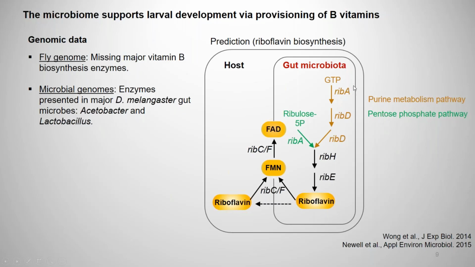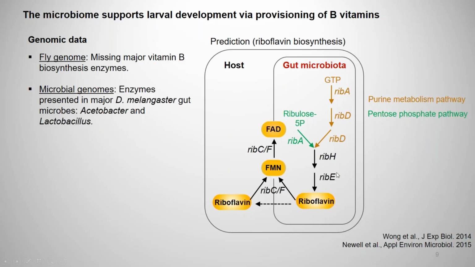So you can predict that the pathway that synthesizes riboflavin, coming from a precursor such as GTP or ribulose 5-phosphate, is all mediated by the bacteria. Some of the enzymes, on the other hand, are shared between the host and the microbiome, so they're present in both. So you can predict that the riboflavin can be transported into the host and be converted into some of these intermediate compounds or cofactors used in respiration and growth and development.